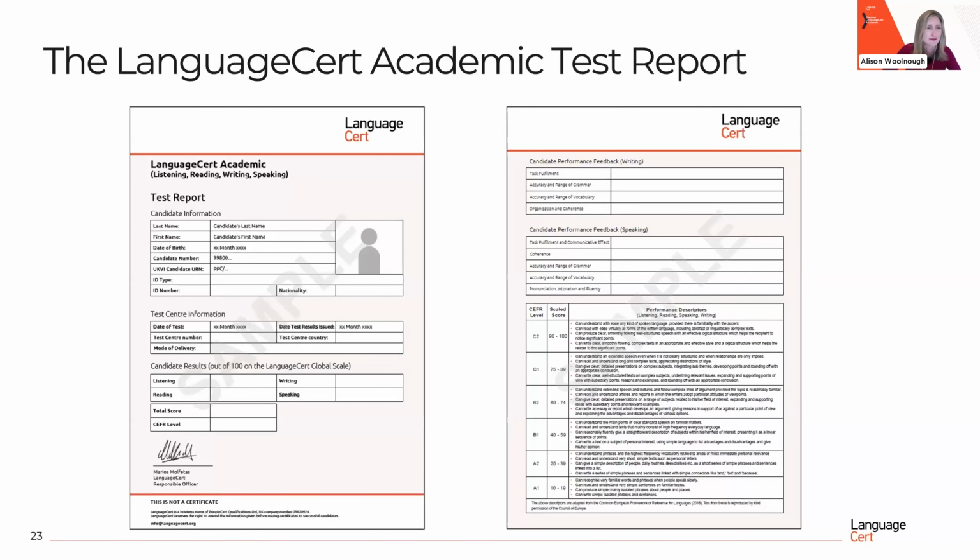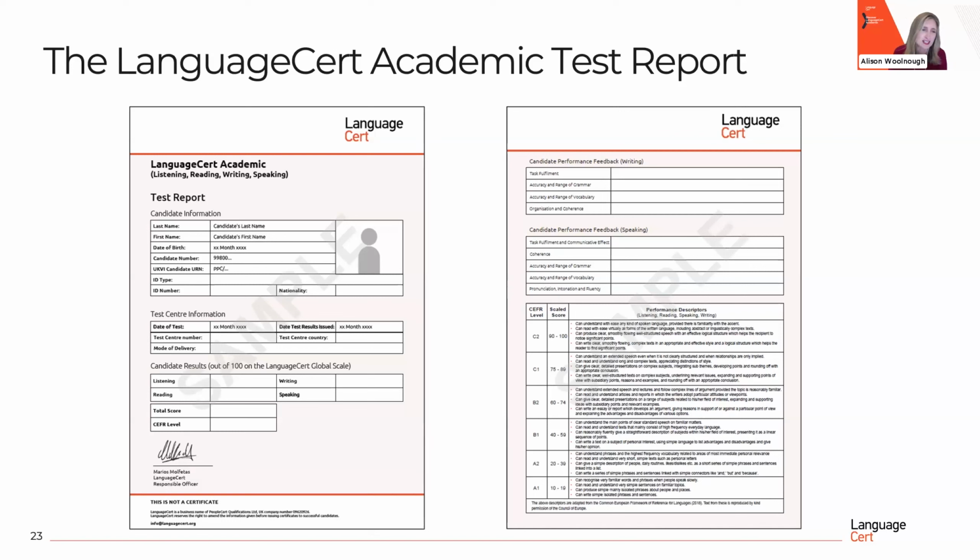So first of all, four skills are reported on the one test form. That might seem quite obvious, but those of you who've been using our IESOL, I think we've been speaking on a separate test form. So you'll be glad to hear that all four are now presented on the one test report.